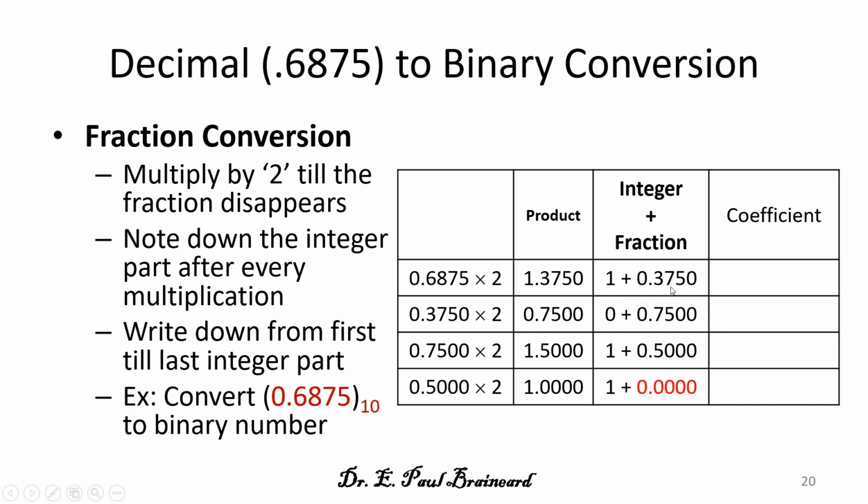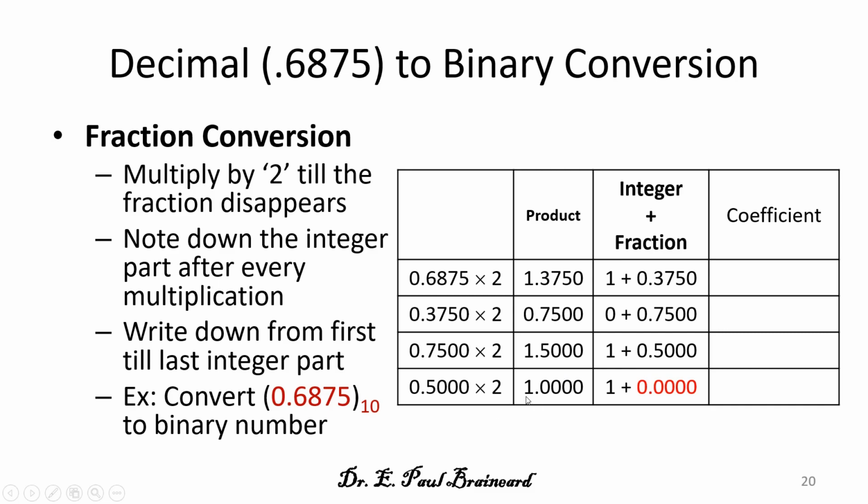Then again multiply the fractional part with 2. Separate integer and fractional part. Again multiply the fractional part with 2. This is the product. Separate the integer and fractional part. Again multiply the fractional part with 2. Separate integer and fractional part.